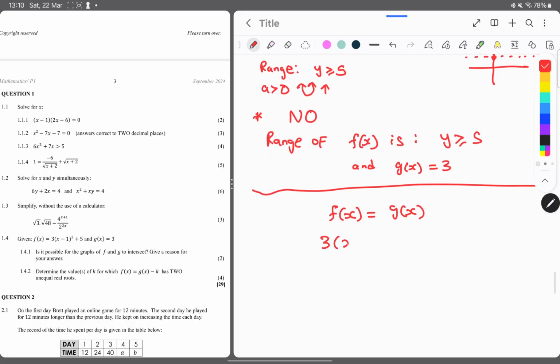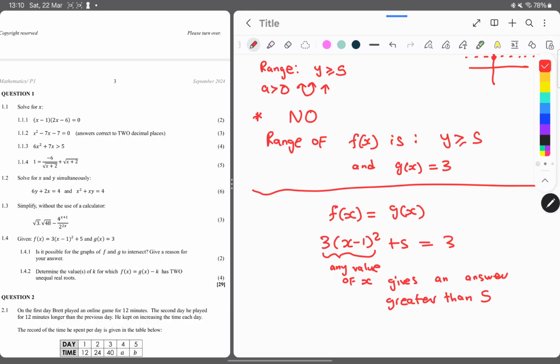Now you have 3(x minus 1) squared plus 5 equals 3. Any value of x gives an answer greater than 5.